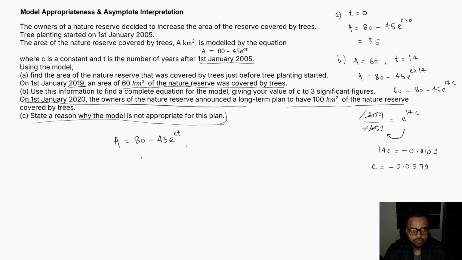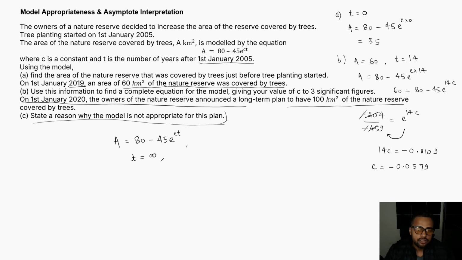A long-term plan is given, so we can take t as infinity, because the time duration is not mentioned here.